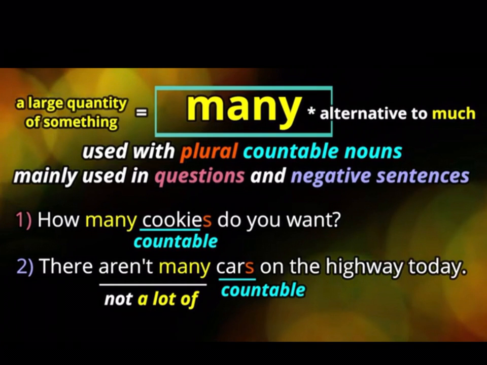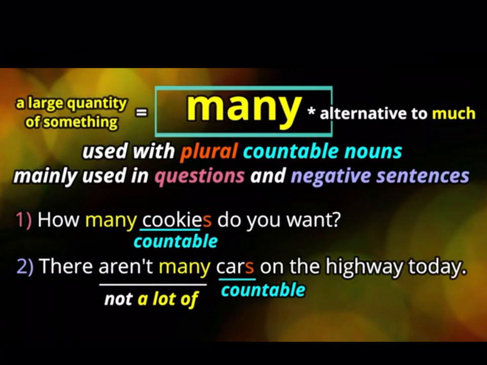It's a large quantity of something, but many is the alternative to much because many quantifies countable nouns, like in the first example. How many cookies do you want? Cookie, we know, is a countable noun. You can count cookies for sure.